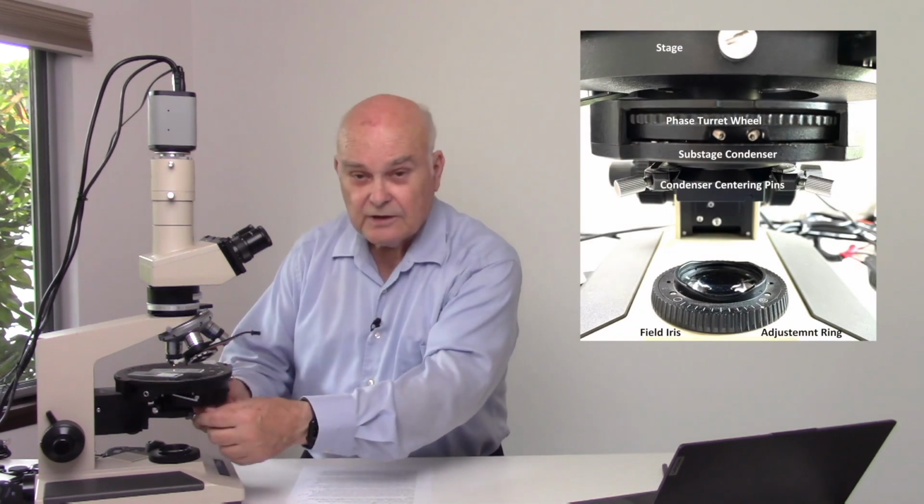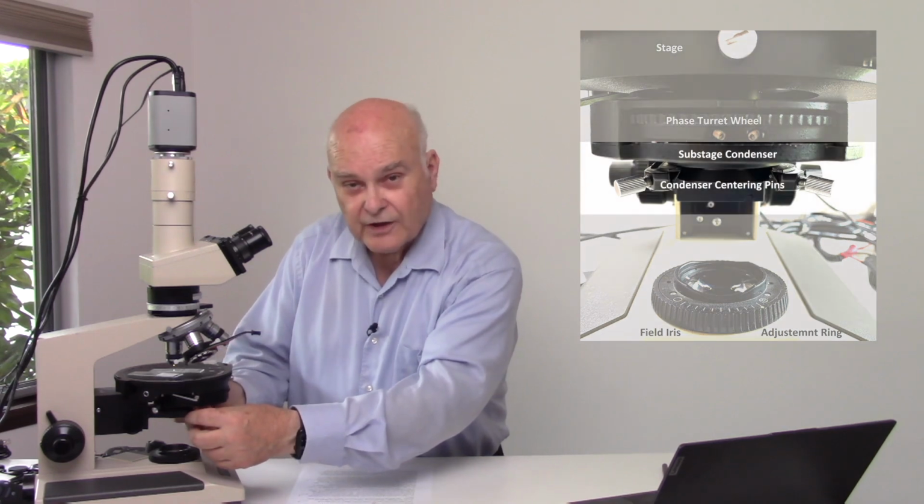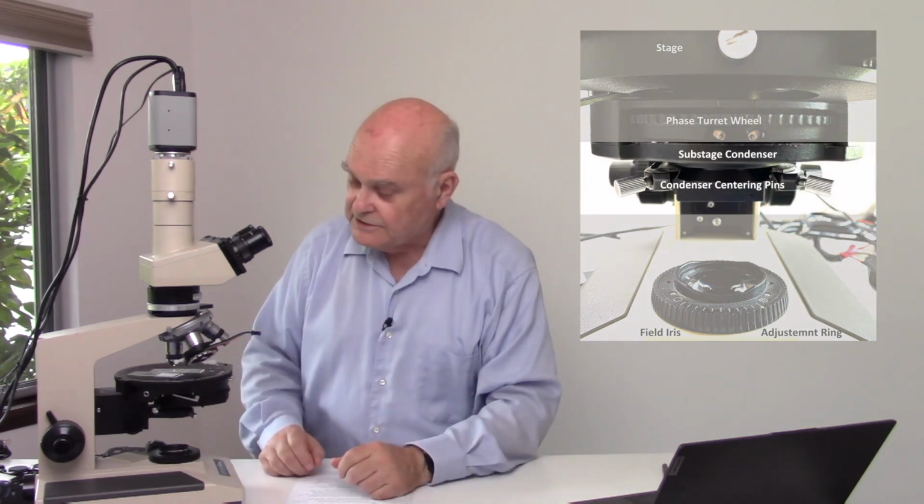Now, once we can see the leaves of the field iris, we need to make sure they're centered, and we center that image by using the centering pins located on the carriage of the substage condenser. And if we take a look, these pins can be used to adjust the image of the field iris.